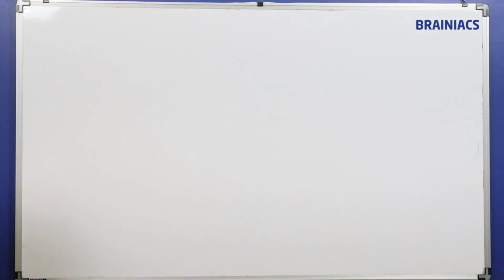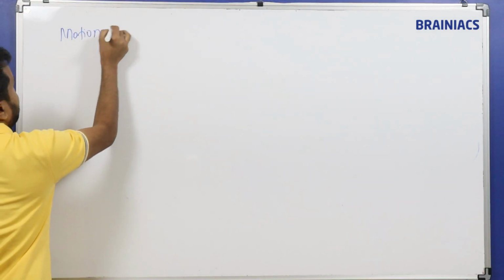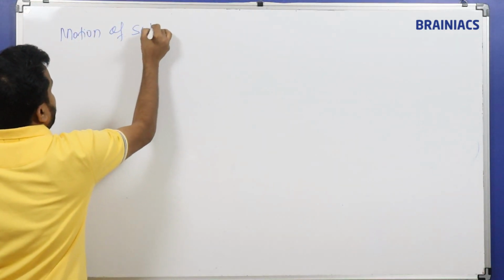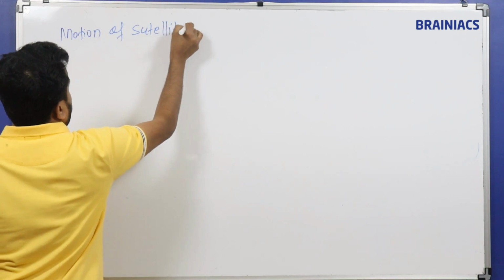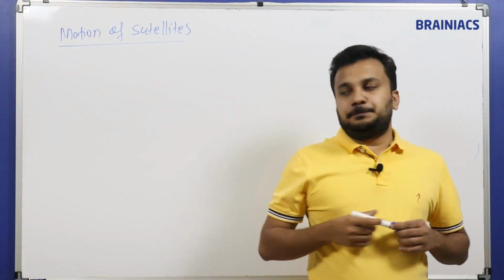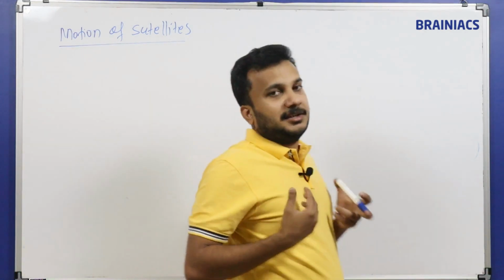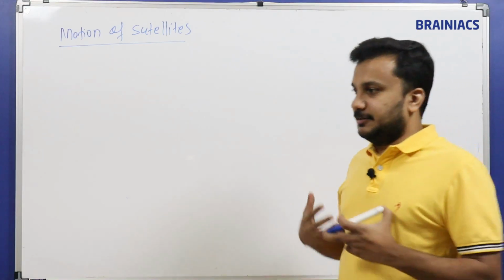So write out the next major heading on this topic called motion of satellites. Very important, motion of satellites. From our childhood onwards we have been hearing about satellites being launched, GSLV-3, GSLV-2.